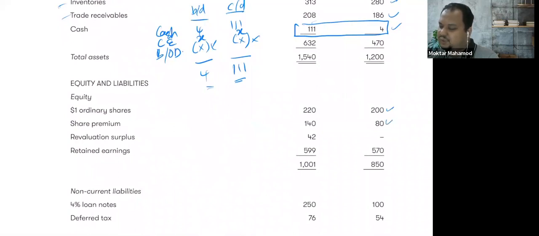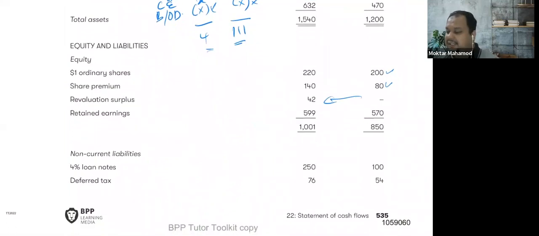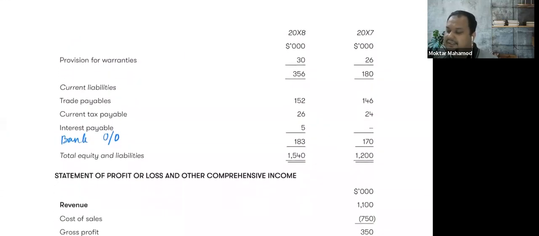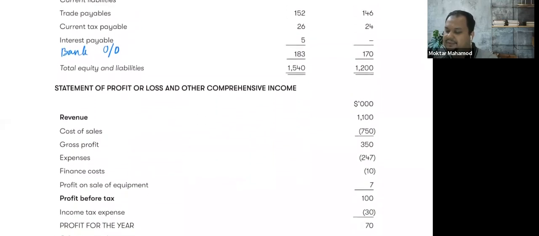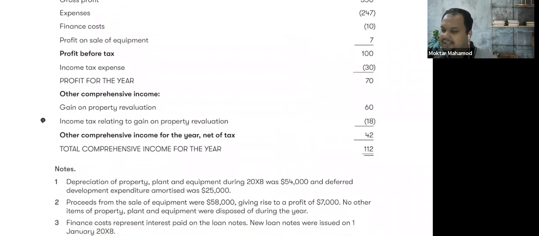Share premium, nothing to do, but revaluation surplus, yes. Increase by 42, but for the revaluation surplus we need to look at the items in OCI instead of here, because this one is net of tax. Retained earnings no problem, loan notes under financing, deferred tax no, trade payable no, and the last will be gain on property. This is what I mentioned earlier.